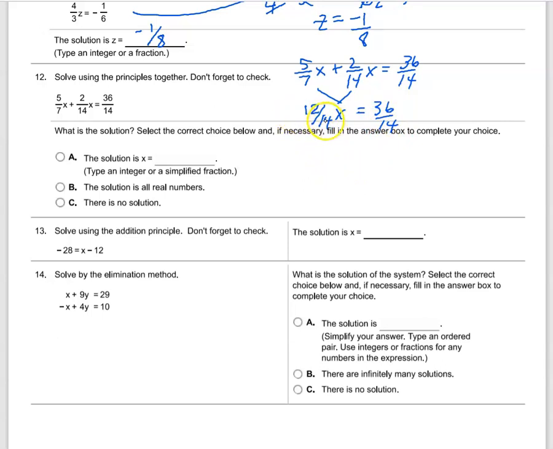We're going to need to multiply by the reciprocal, which is the same thing as dividing, to get rid of this 12 over 14. So x is equal to 36 over 12, which is 3.